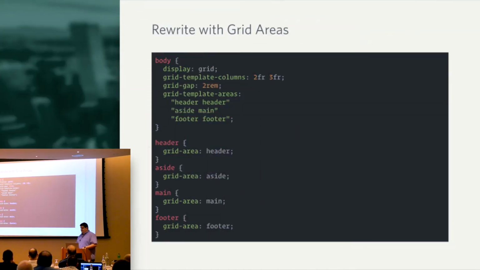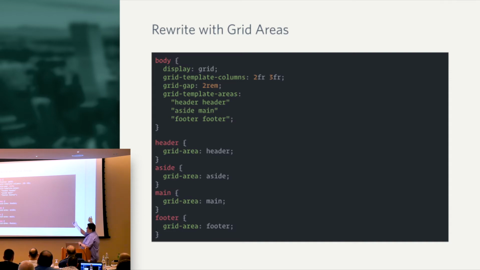Now, let's rewrite that same layout, but with grid areas. With grid areas, what we're going to say is the same type of thing: display grid, grid template columns, 2 FR, 3 FR, then our grid gap of 2 rem, which is what we had before. Then our grid template areas, what we're going to say is header, header, aside, main, footer, and footer. And what that does is it's basically placing our items on the grid that we've already specified.